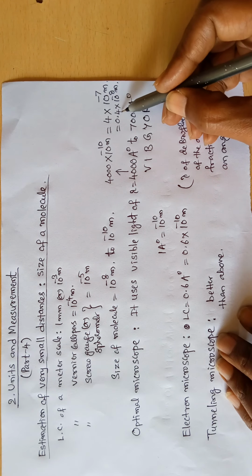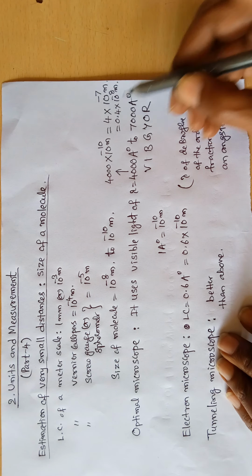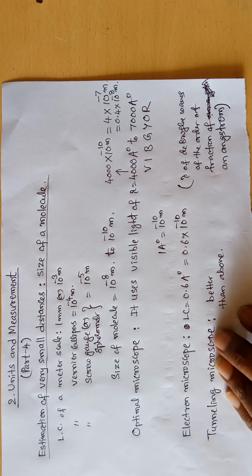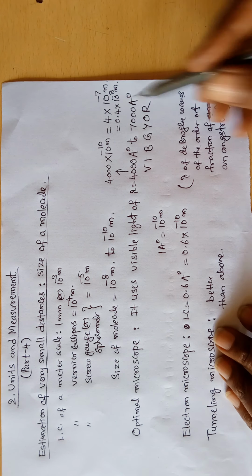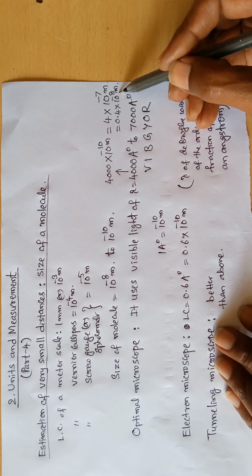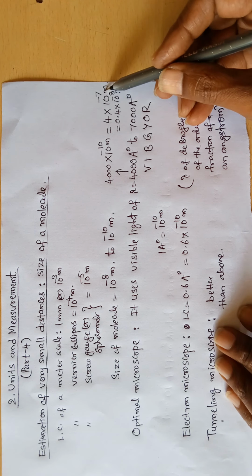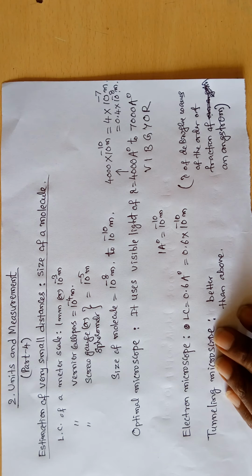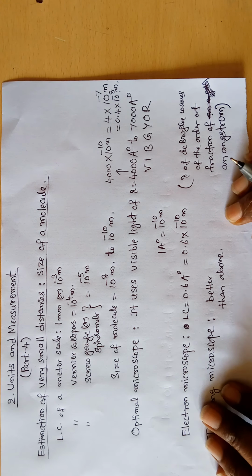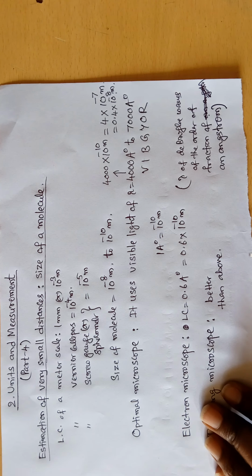See, 0.4 means less than 1. So, we cannot take it in this way. Only this one. If you take this one, see, size of molecule is starting from 10 power minus 8 meters.